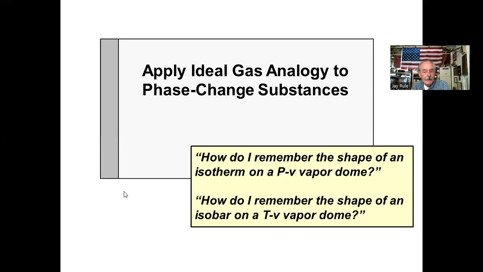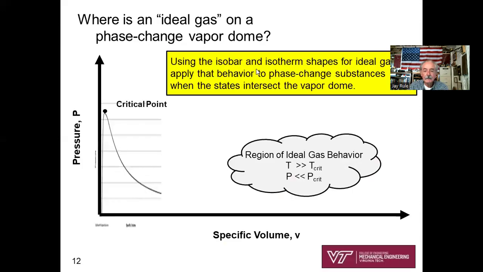I ask you to just memorize that and move ahead, but now we can apply what we learned for this ideal gas and analogize that to the vapor dome. So here we go. The first question is, where does an ideal gas fit on a phase change vapor dome? So for example, nitrogen.